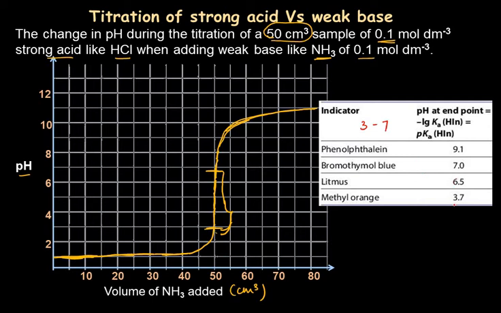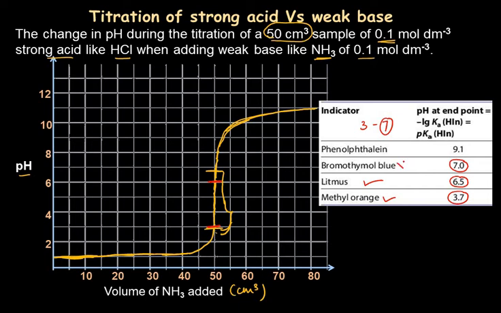If you look at the pH range which shows the color change, you can see here that bromothymol blue is showing exactly at 7, litmus is showing at 6.5, which is very near to 7, and methyl orange is showing a pH range of 3.7. So you can choose any one of these to show the color change for this particular titration, because that lies in our vertical portion of the curve, 3 to 6.5 or 7.